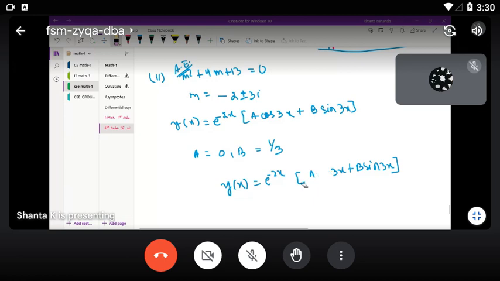A is 0 and b is 1 by 3. So you can make it 1 by 3 sin 3x. This is the solution. Okay. So I think you can do it. Now should I do one more?